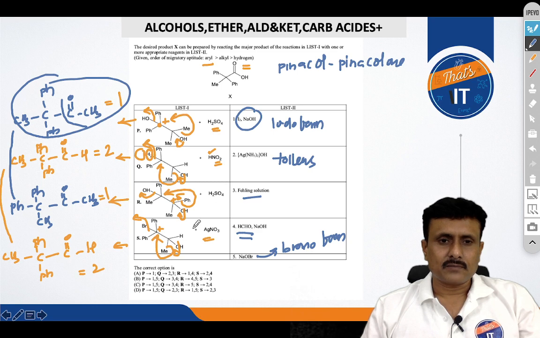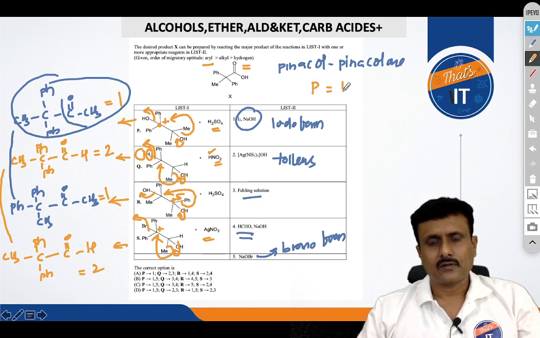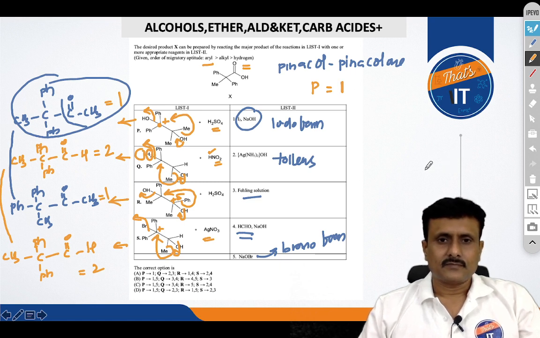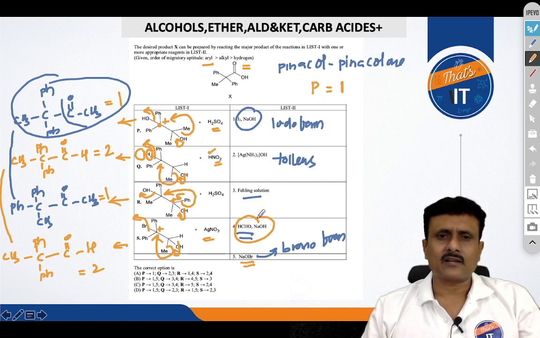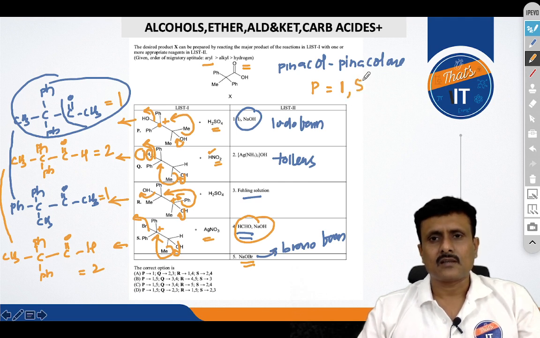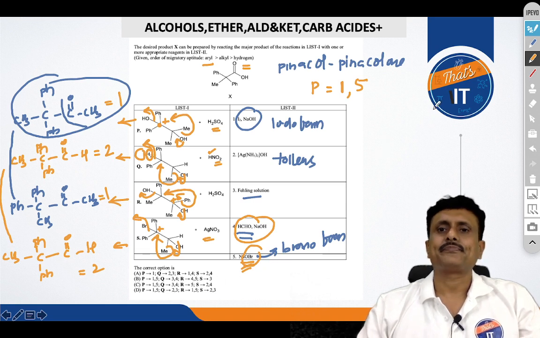You can see P is matching with 1, and it also reacts with formaldehyde in presence of NaOH, that we will see later, but there is no such option matching. And you can see that 5 is matching because iodoform or bromoform are one and the same reaction. So P matching with what? 1 comma 5, bromoform reagent, iodoform reagent. So P is 1 comma 5.